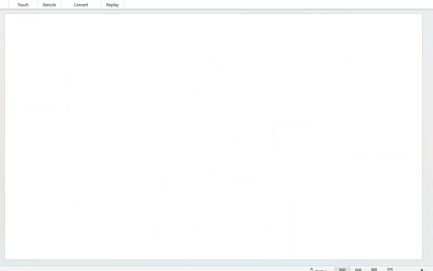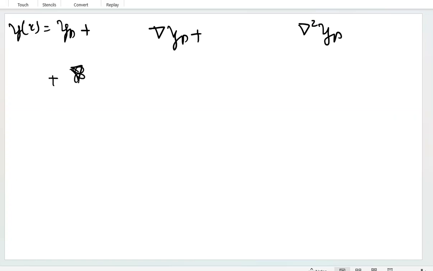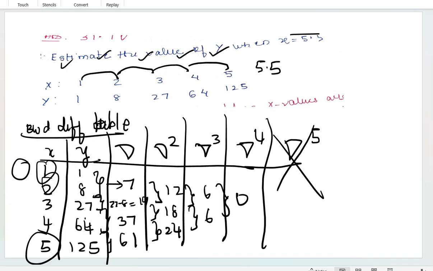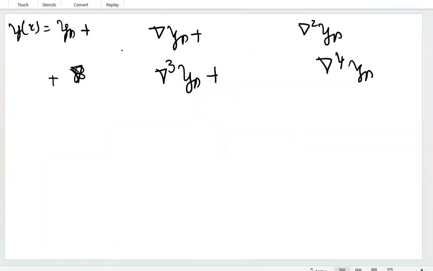So we write down the formula: phi of x is equal to yn plus del yn plus del square yn plus del cube yn plus del 4 yn. In this case we are not writing the del 5 yn because our problem does not have the del 5 column.